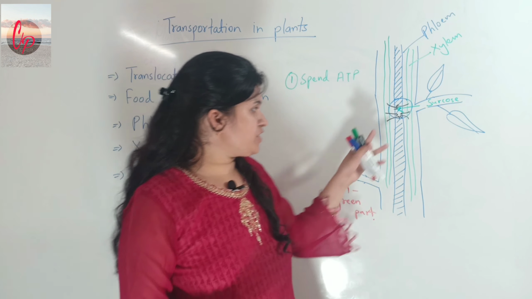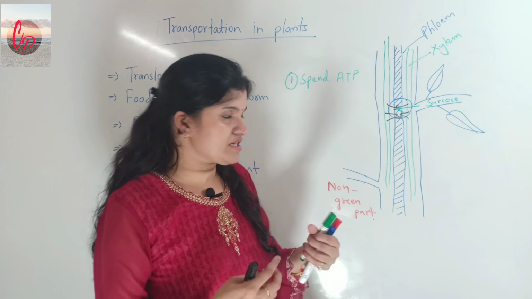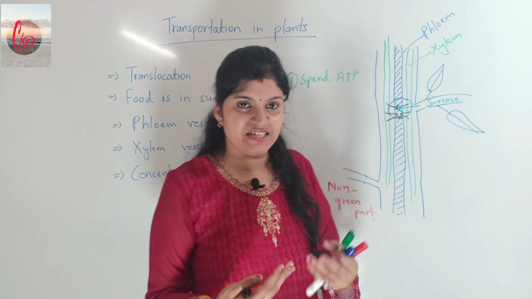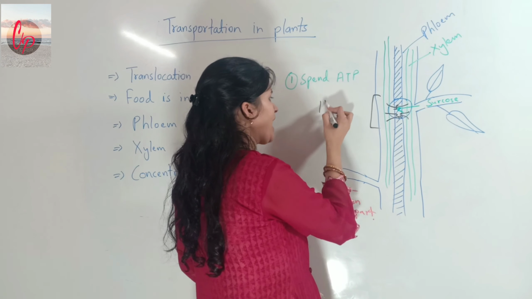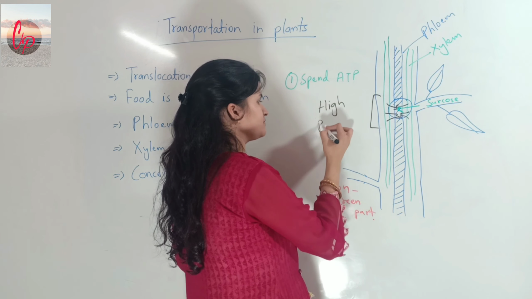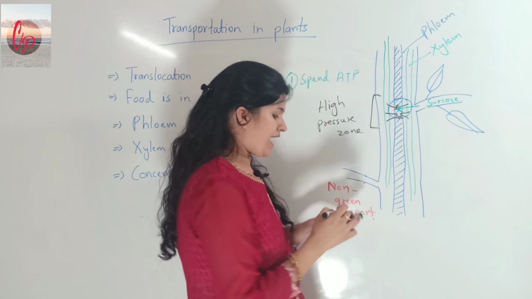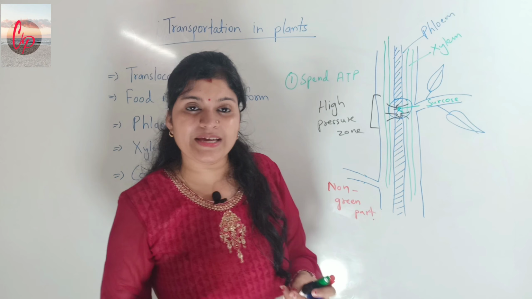So the concentration of solute and the concentration of solvent, these two have increased here. So this whole area will become a high pressure zone. Now it has to make a balance, it has to make an equilibrium.